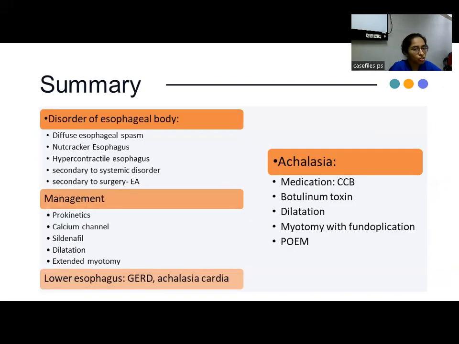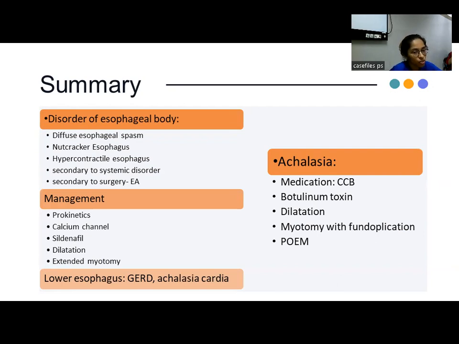The disorders of the esophageal body include diffuse esophageal spasm, nutcracker esophagus, and hypercontractile esophagus, which are secondary to some systemic disorders or secondary to surgery such as esophageal atresia and CDH. The management of such patients includes prokinetics and calcium channel blockers. Sildenafil has been employed in adults and is yet to be studied in children. We can do dilatation or extended myotomy.